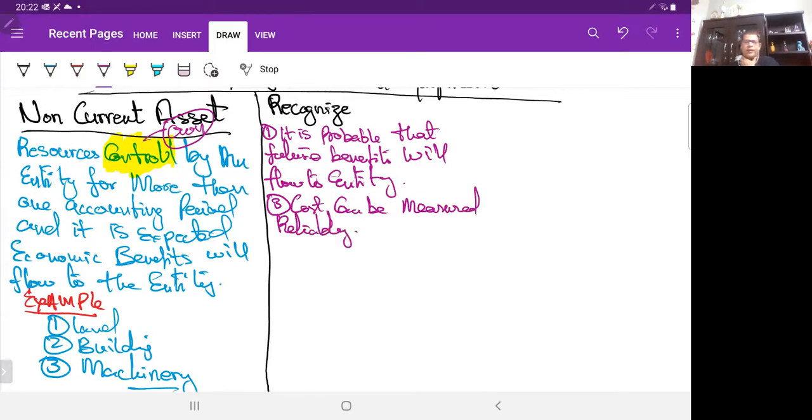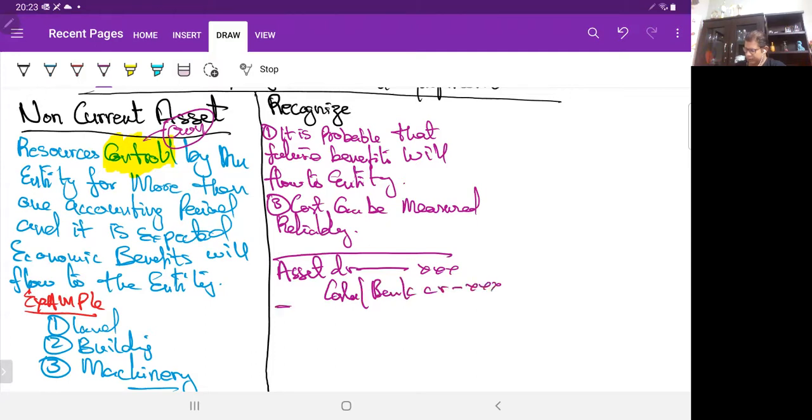These are the two conditions that need to be fulfilled, and then we can recognize the asset by making the double entry: asset debit, cash or bank credit. So far, so good. That's how we can recognize the non-current asset.